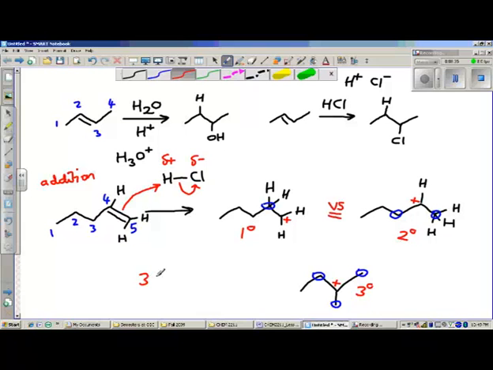So the idea of carbocation stability is tertiary is more stable than secondary, which is more stable than primary. Now, there are some others as well, and we'll talk about those later on, but primarily, at least to begin with, this is our basic idea about carbocation stability.